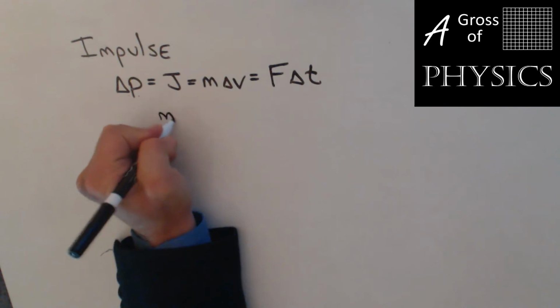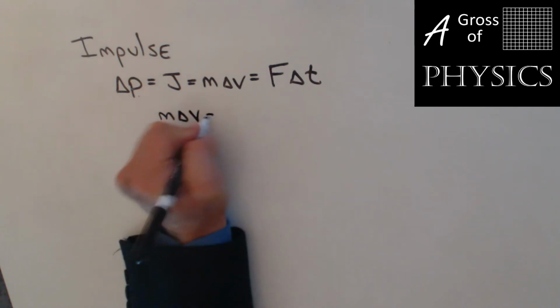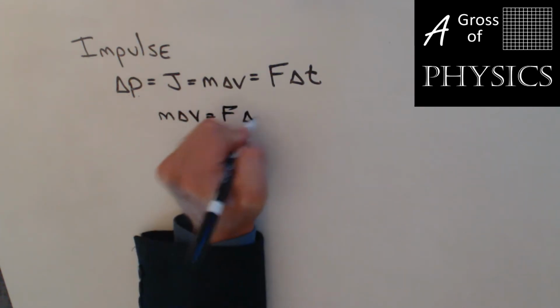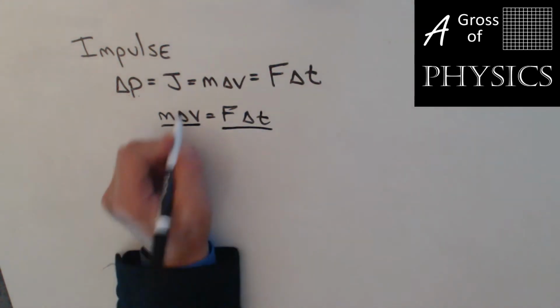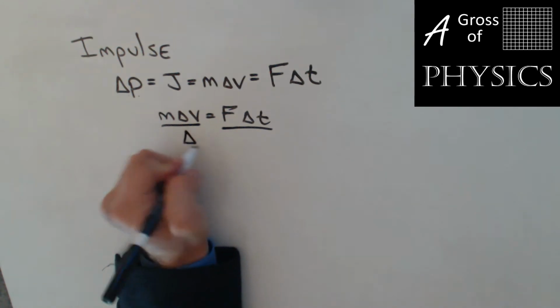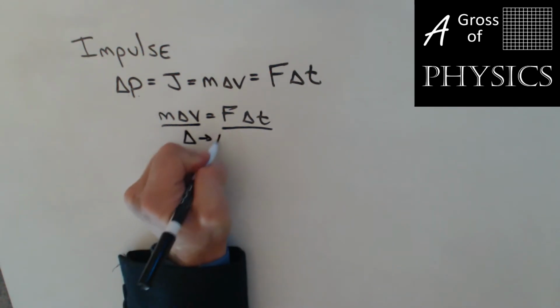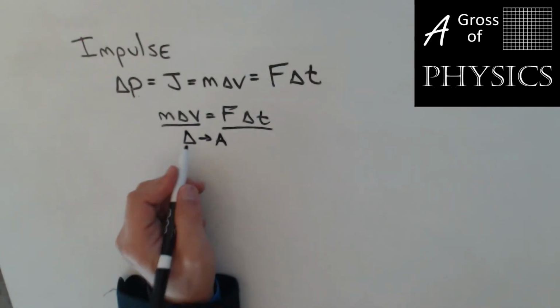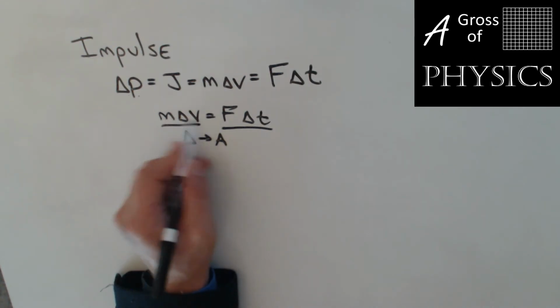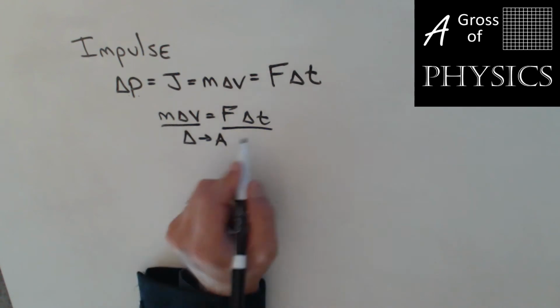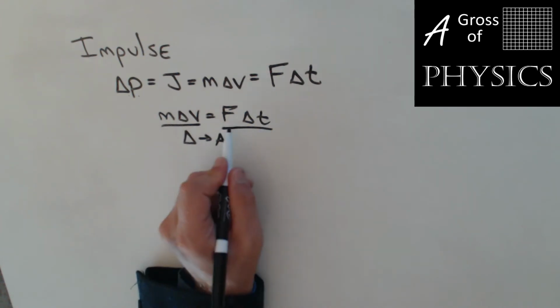Now, many people, because the ones with the most terms are the last two that I just wrote, call that MAV FAT. The deltas kind of look like an A. So we use the symbol delta and we say MAV to remember that it's m delta v, and then FAT, F-A-T.